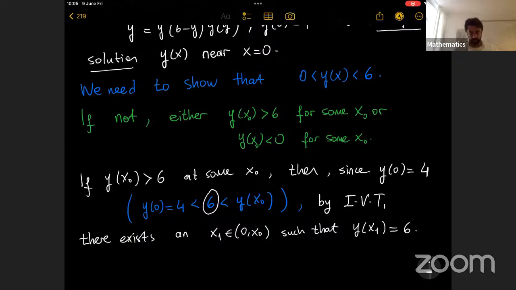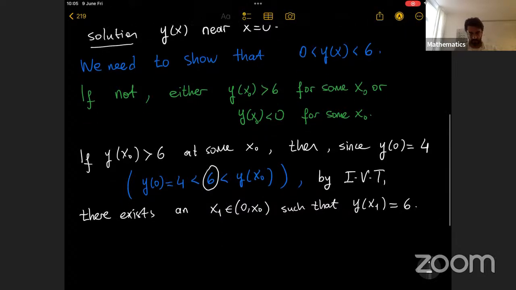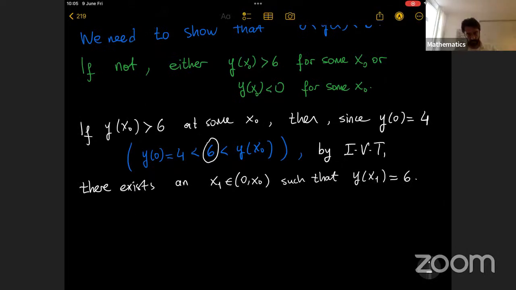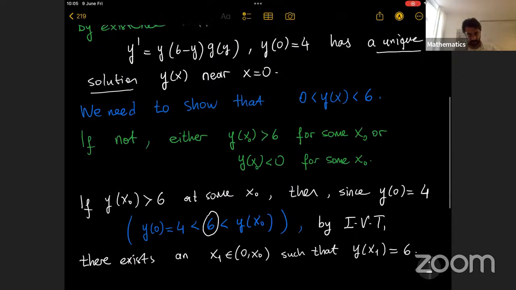Yani bu çözüm 0'da 4 değerini alıyor, arada bir yerde 6 değerini alıyor, intermediate value teoreminden dolayı. Şimdi şu denklemi düşünelim.